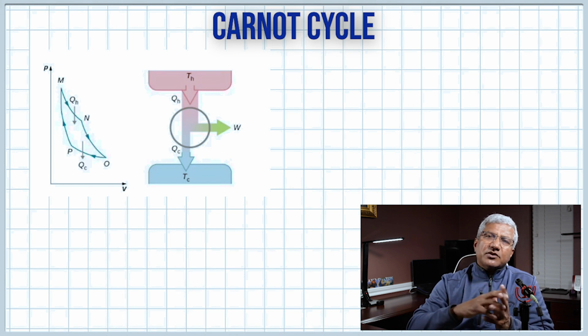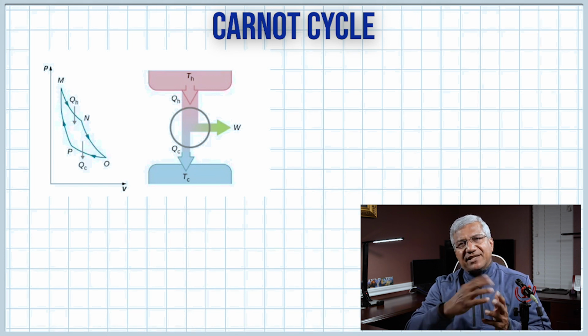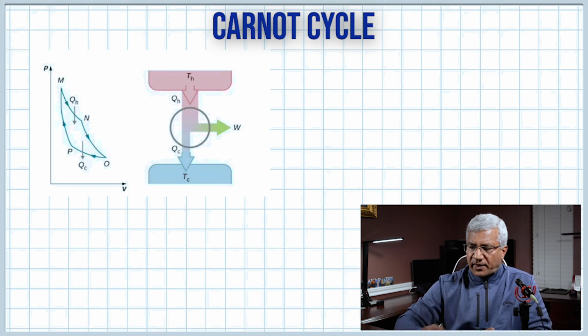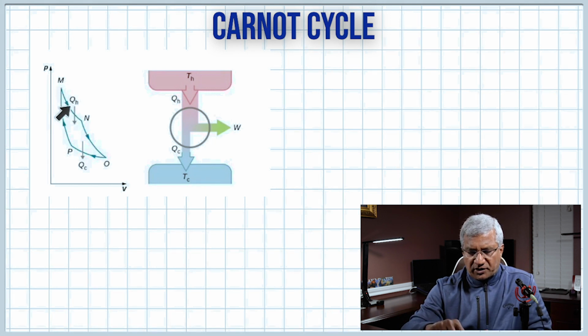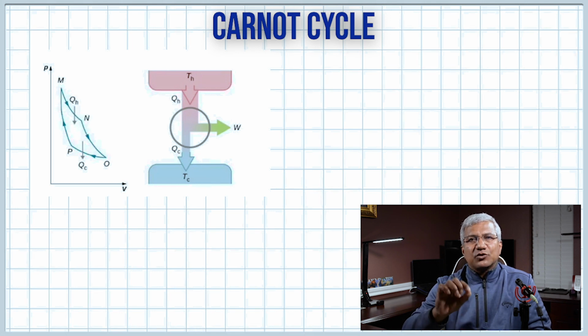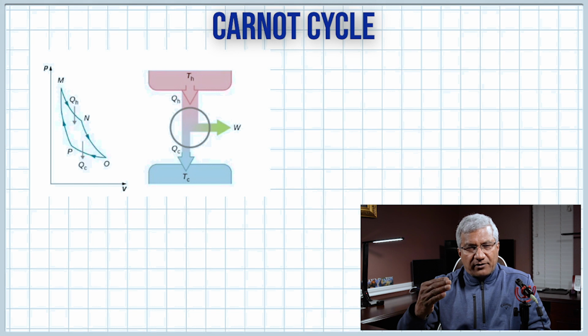So now let's try to get the formula for efficiency that I had promised you. In order to do that, we will look at this process, which is an isothermal. And we know that the work done in an isothermal process is nRT, natural log of the final volume by the initial volume.